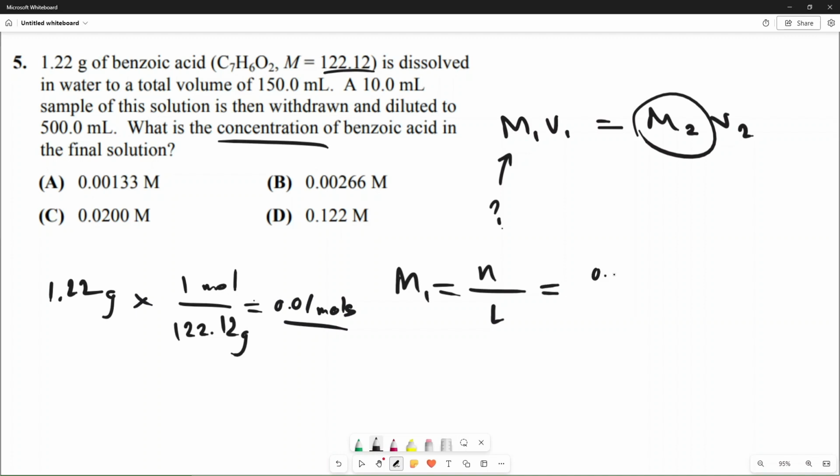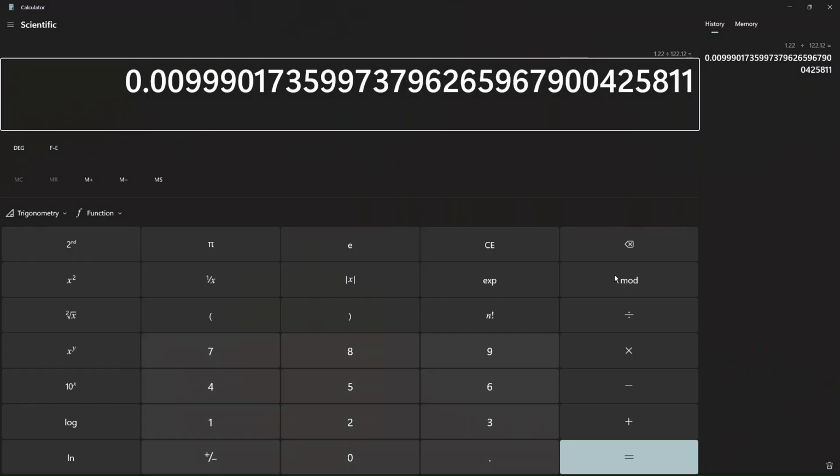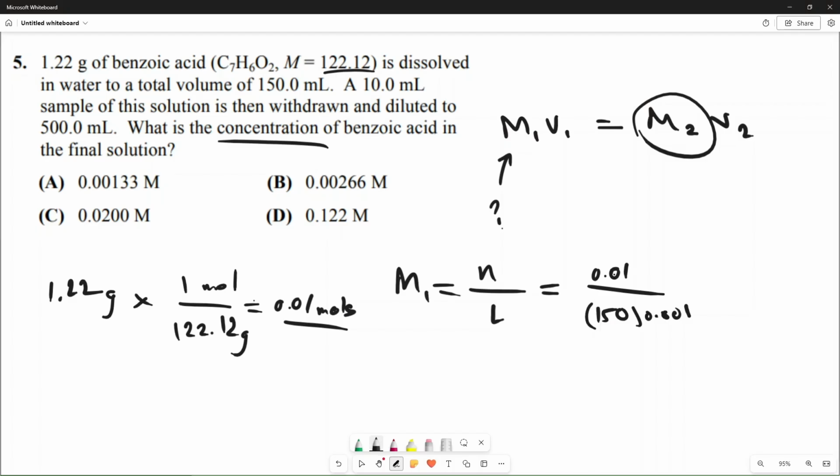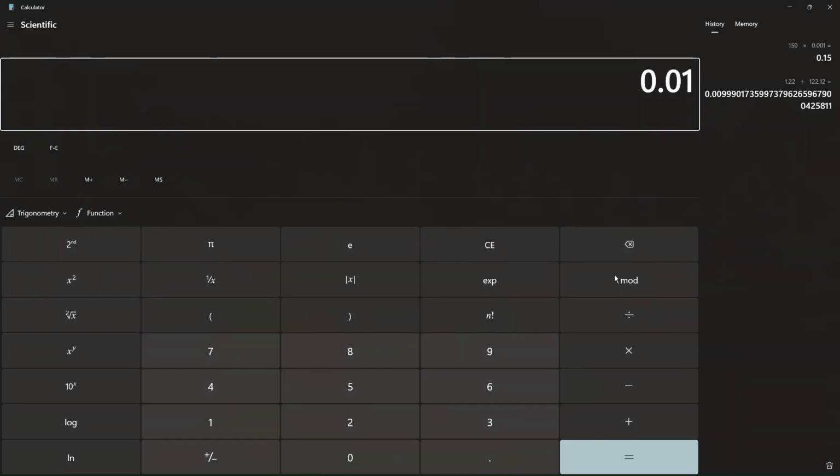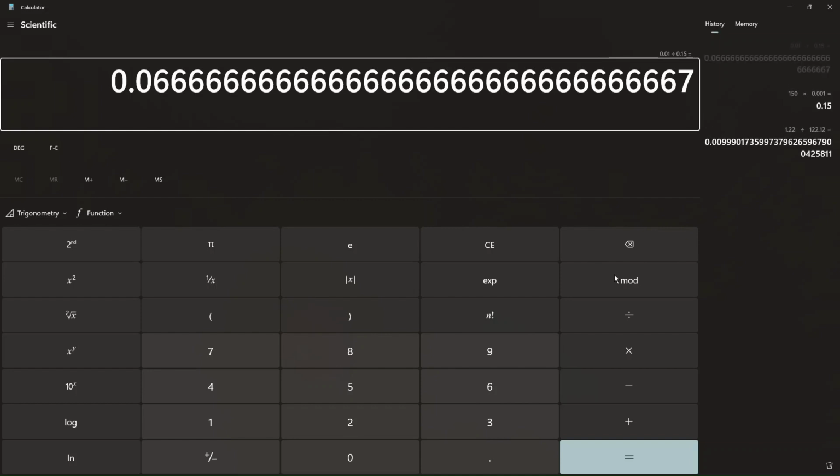So 0.01 over liters, which is, we're going to use the total volume, right? 150 and 0.001 to convert to liters. That's 0.15. Then you're going to result in an initial concentration of 0.067.